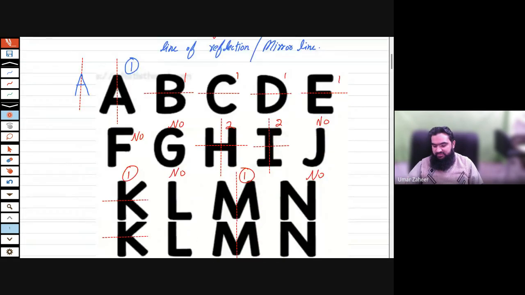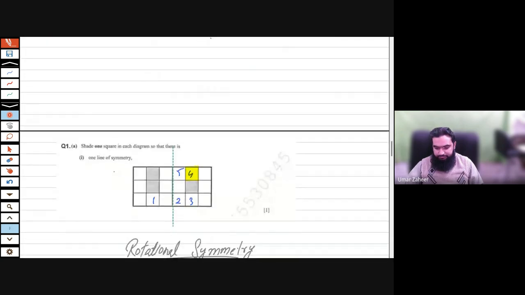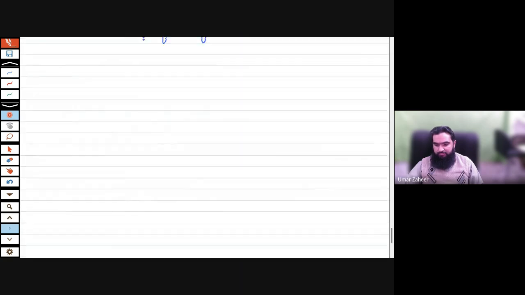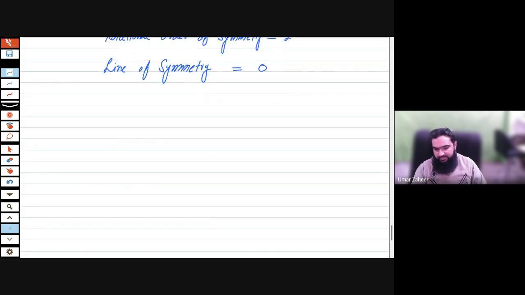So in the last class, we discussed the line of symmetry as well as rotational symmetry. Now, in today's class, we are going to discuss the planes of symmetry.